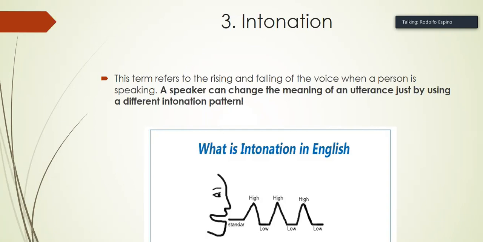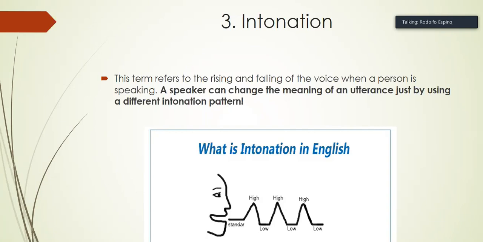Depending on our intonation, we can even change the meaning of the utterance. It's not the same saying, for example, he likes it with falling intonation than saying, for example, he likes it with rising intonation, right? The first one is a statement. I am making clear that he does like it. And the second one is a question. I want somebody to confirm that he likes it, okay?